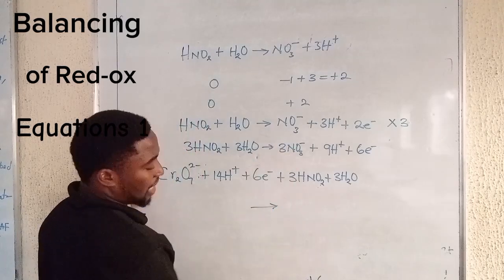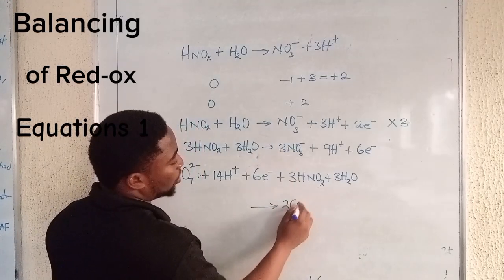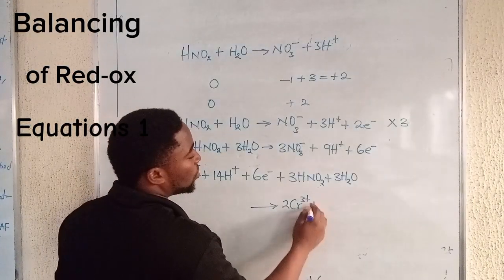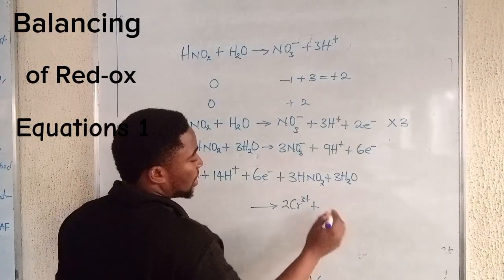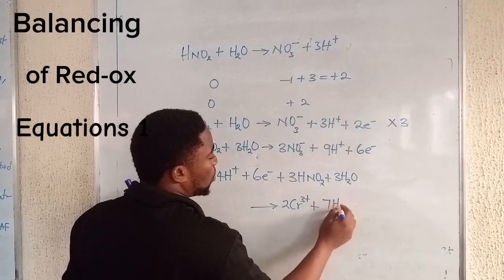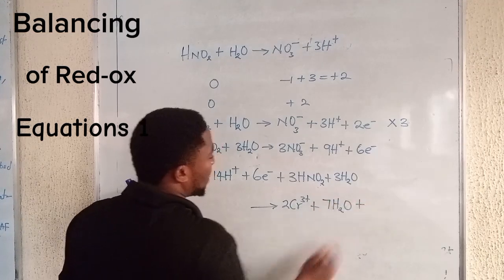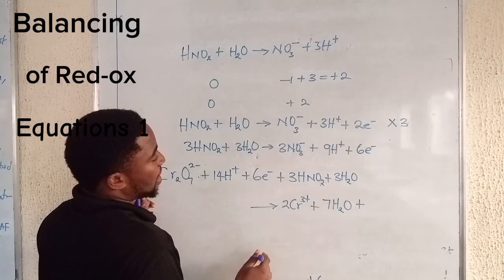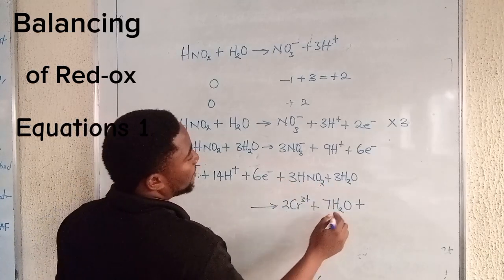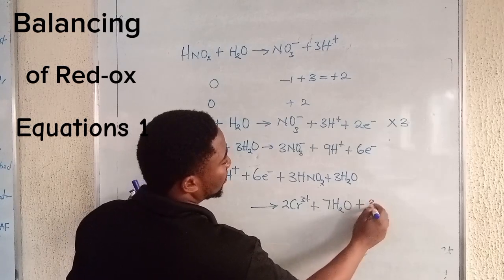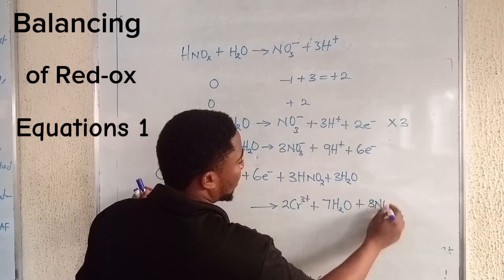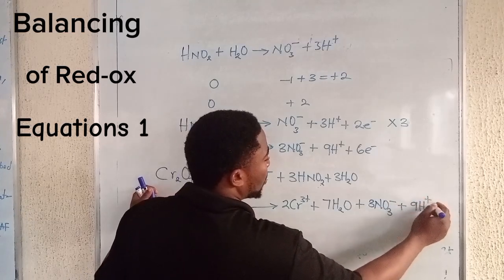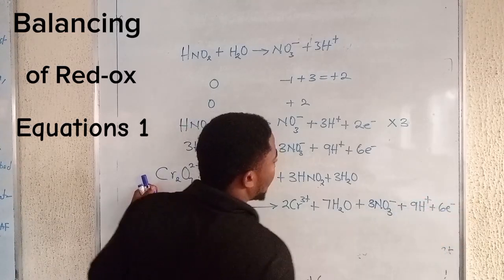The product will start with the one I have here, that's 2Cr3 plus, the product that we obtained in the reduction half equation, plus 7H2O, then plus the product side of what we have here, and that is 3NO3 minus plus 9H plus 6 moles of electron.